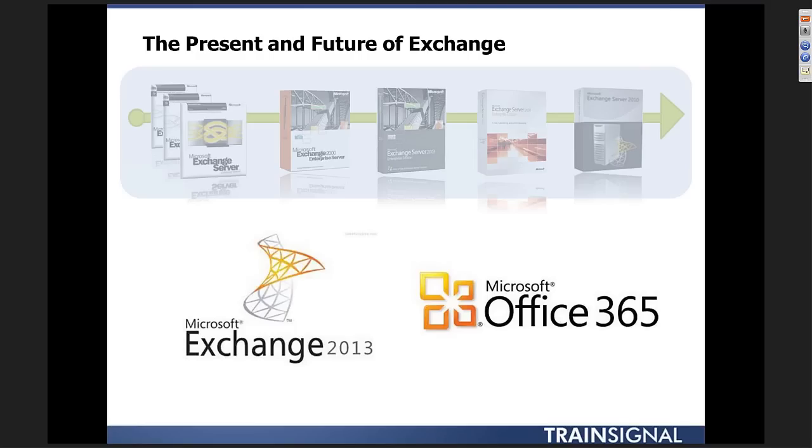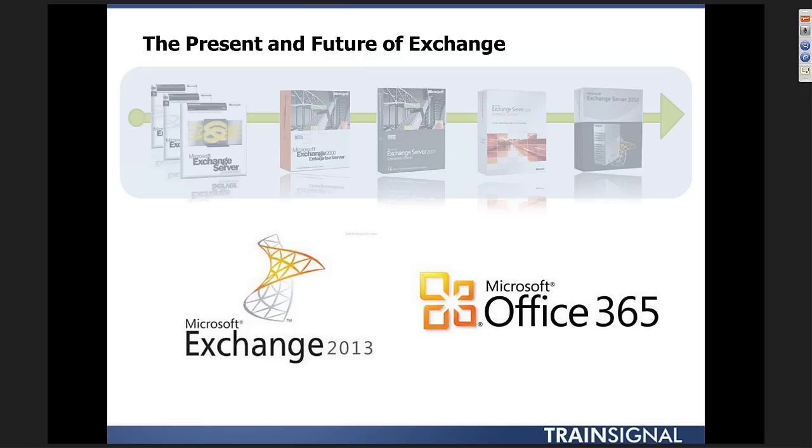And now we look at the present and the future of Exchange. Here we see Exchange 2013 and Microsoft Office 365. We know that Microsoft Office 365 is a combination of Exchange, SharePoint, Lync, and then it includes, I guess, an offer of various Office tools too, that you get the Professional Plus Office to download.